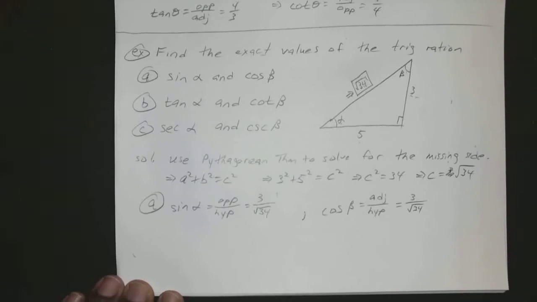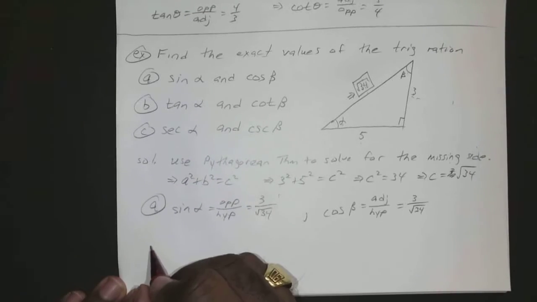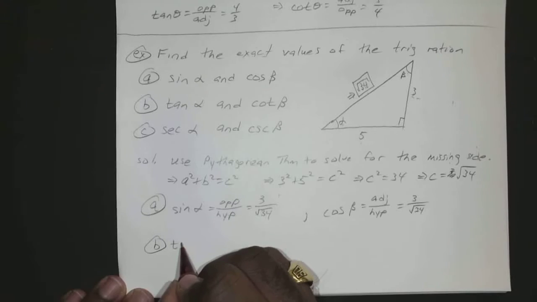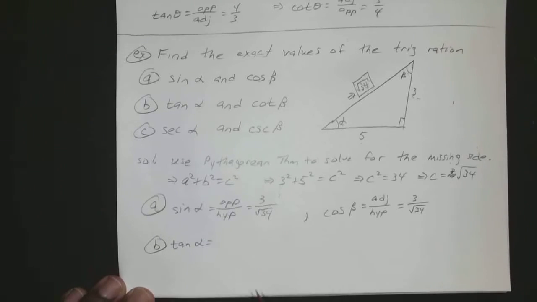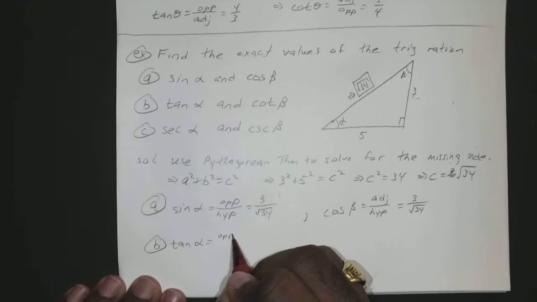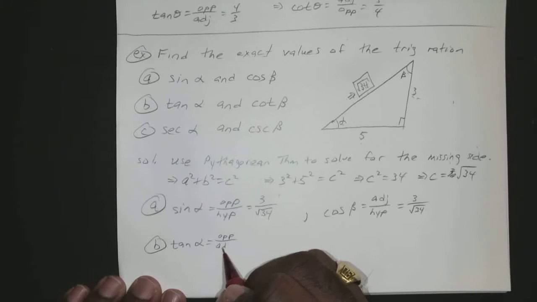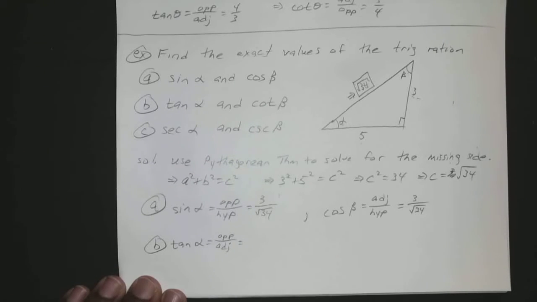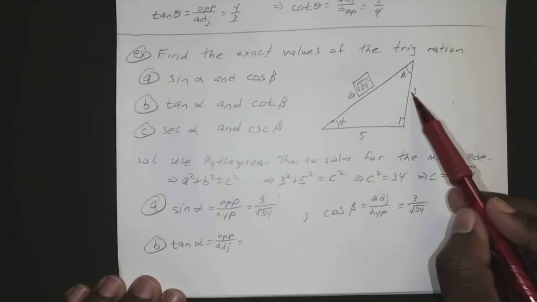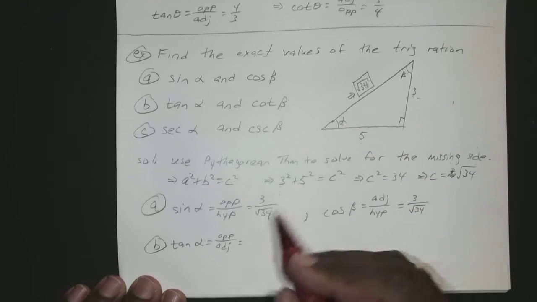Okay, so what about tangent of alpha? Remember, tangent is opposite over adjacent. So your alpha, the opposite is 3, adjacent is 5.